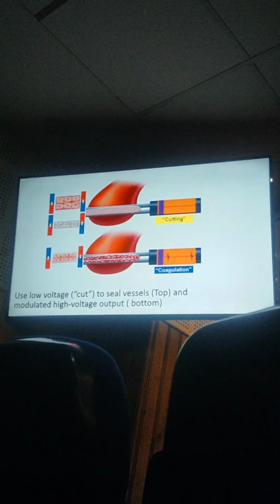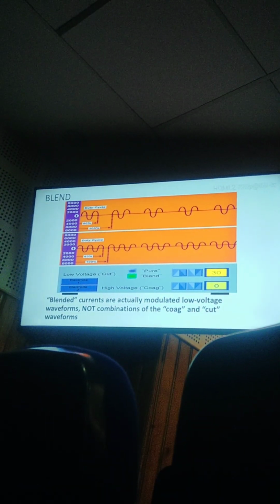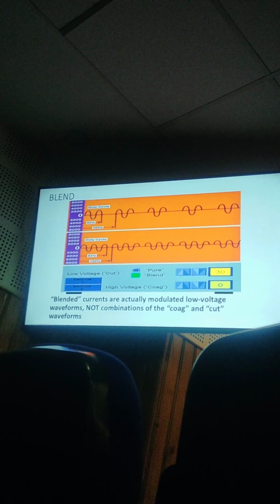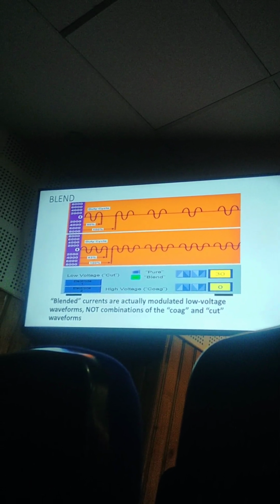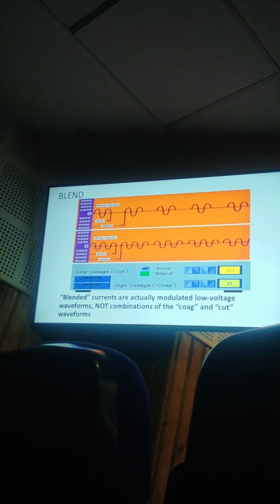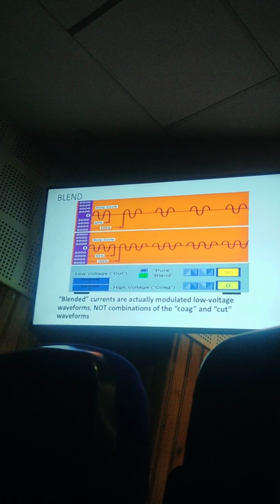And some machines have blend mode, different kinds of mode. That depends upon the manufacturer. They may have different kinds of other modes, and we should have a concept of cut and coagulation. Blend modes are like modulation of these two modes.